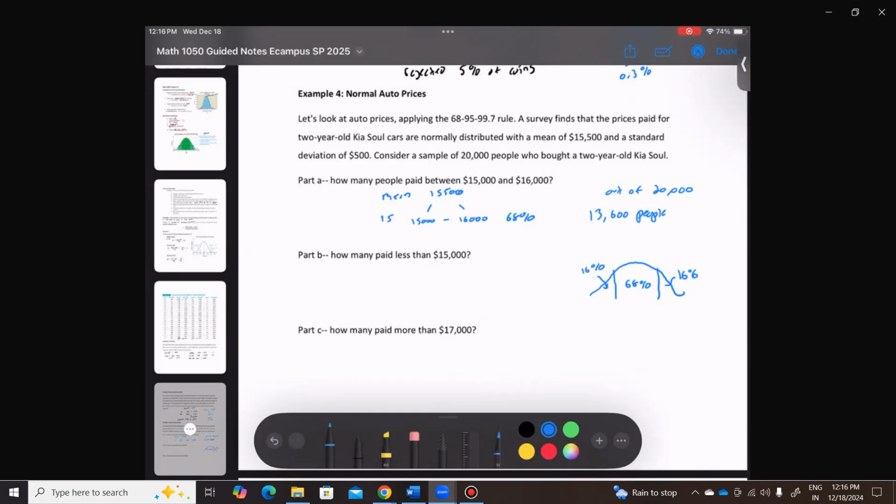Okay, so 16% of people pay less than 15,000, which out of 20,000, that's 3,200.